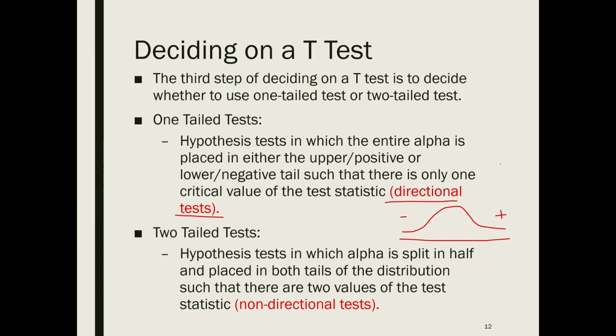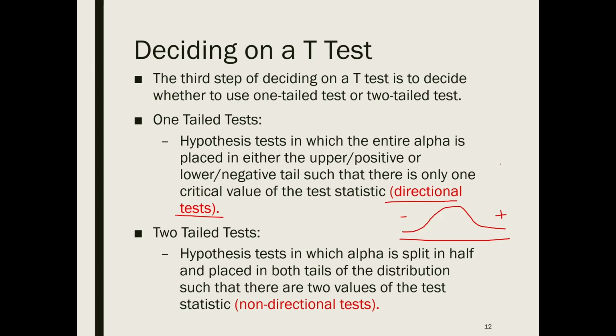So a 1-tailed test basically means that we have a direction. Something is larger, something is smaller, something is faster. Okay, we have a direction, so we know which way we are going to look. Maybe it's a positive way, which is larger, bigger, better, or maybe a negative way, which is less, smaller, something like that.